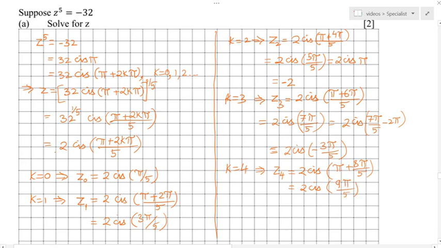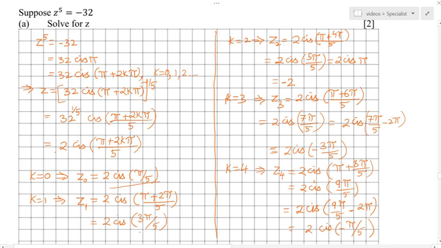Again, it's out of the domain, so we need to subtract 2 pi, and that will give me my root as 2 cis of minus pi over 5.